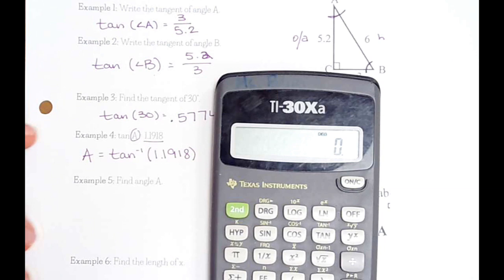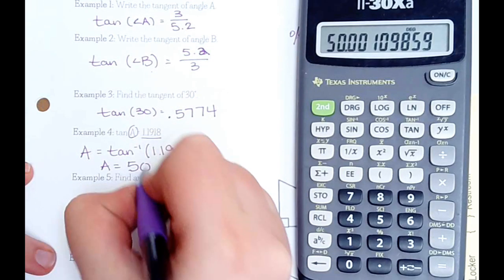Just as I could do all of these things with sine and cosine, I can also do them with tangent. So I could find some of my sides with sine and cosine, and I can do it here as well. I'm just going to set up tangent of my angle equal to opposite over adjacent. Solve for x in this one, just like I solved for x in all the other ones.